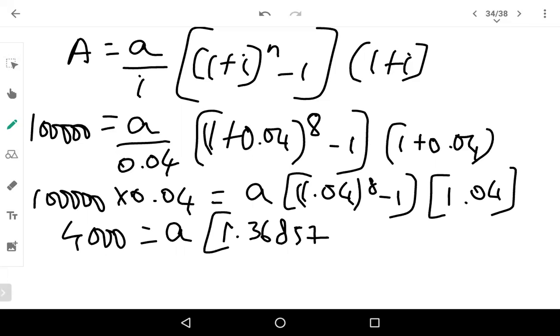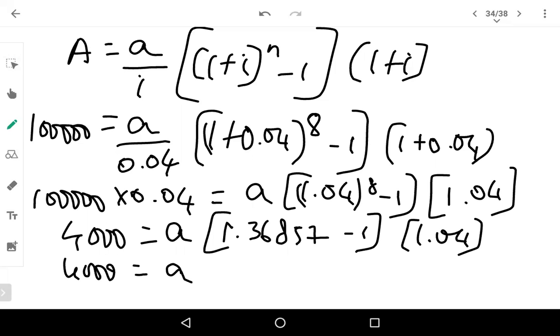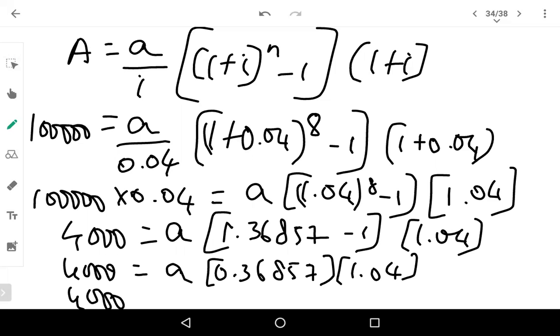(1.36857 minus 1) into 1.04. So 4,000 is equal to A into 0.36857 into 1.04. Then in the next step, 4,000 is equal to A into 0.38331.